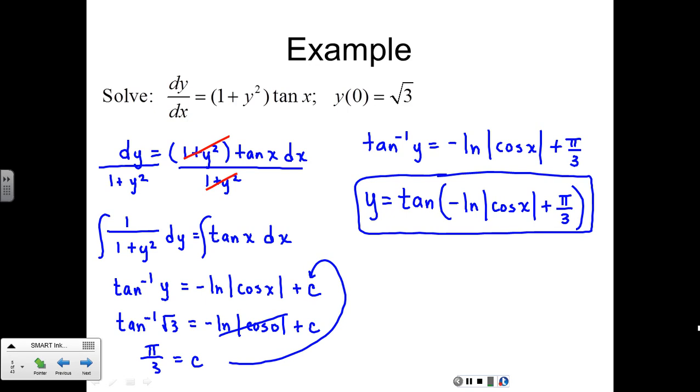I put that example in there because both of your antiderivatives, when you integrate both sides, are weird things that we don't commonly know.